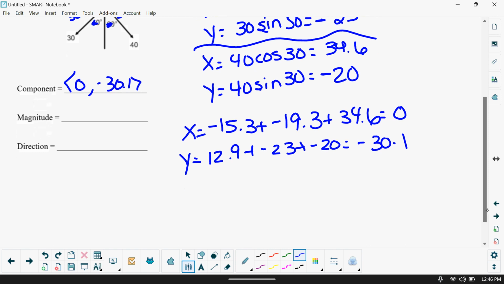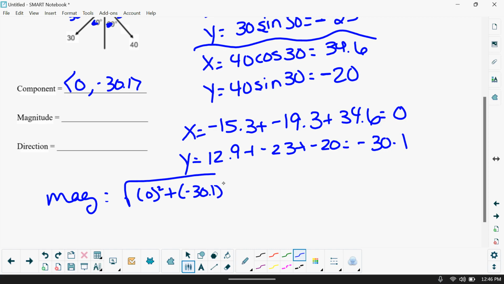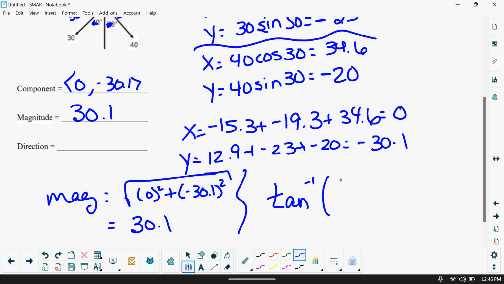Magnitude, we're going to take and square these terms. Make sure we do have those in parentheses. Type this into the calculator and you're going to get 30.1. Okay. And this is where you're going to do inverse tangent of y over x. So negative 30.1 divided by, whoopsies, clear.